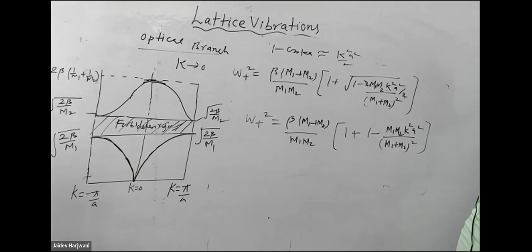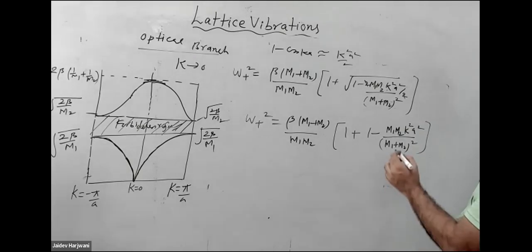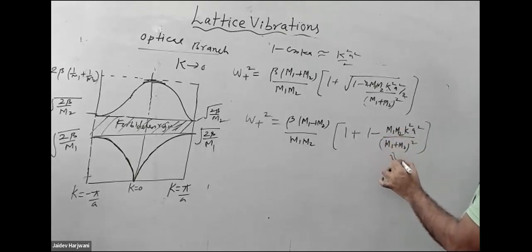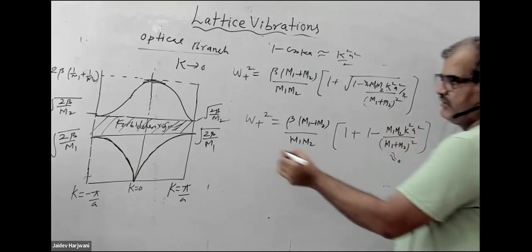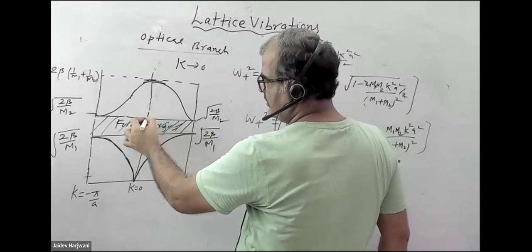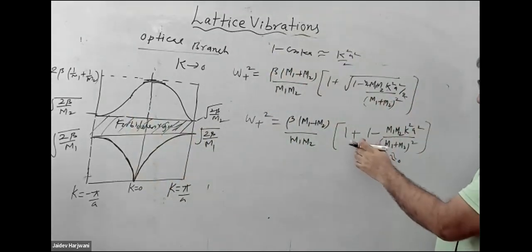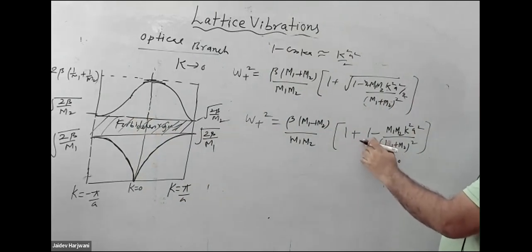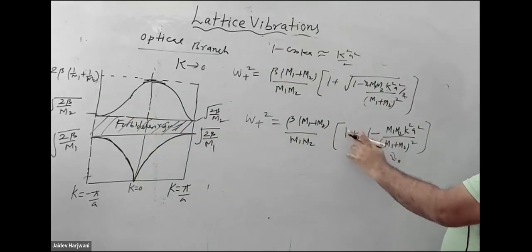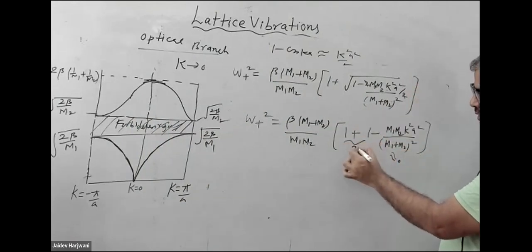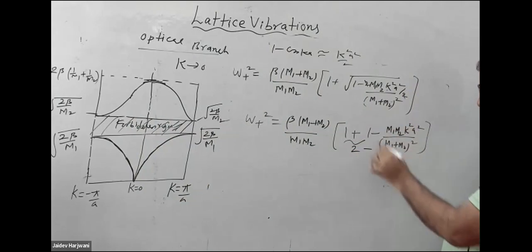Now k tends to 0, so this term can be taken as 0, because k squared is very small as we approach k tends to 0. Earlier it was 1 minus, so the 1 cancelled out. Now it is plus, so it doesn't cancel, it is 2. Comparing this to 2, the term is negligible.